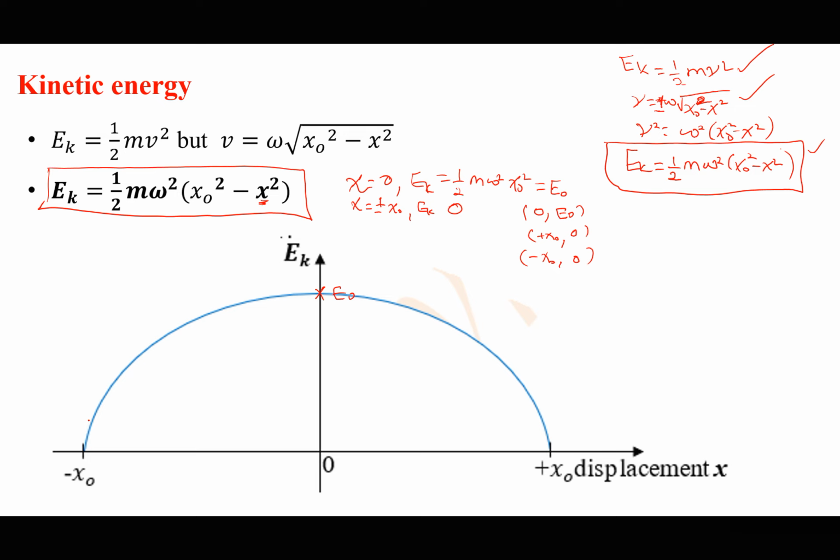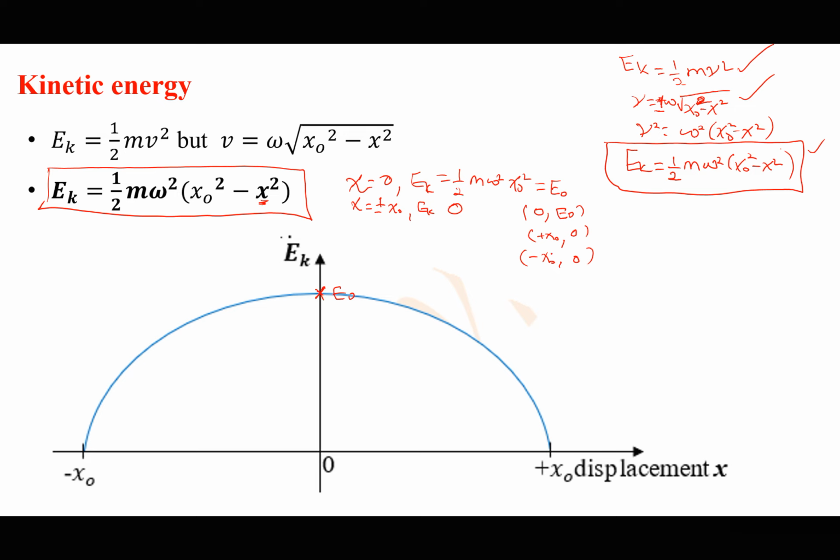If you sketch a graph of kinetic energy against displacement, bearing in mind that kinetic energy is a scalar quantity, I don't need a negative part, but displacement is a vector quantity, and displacement varies between negative maximum and positive maximum through 0. So just check: when x is 0, what is kinetic energy? It is maximum.